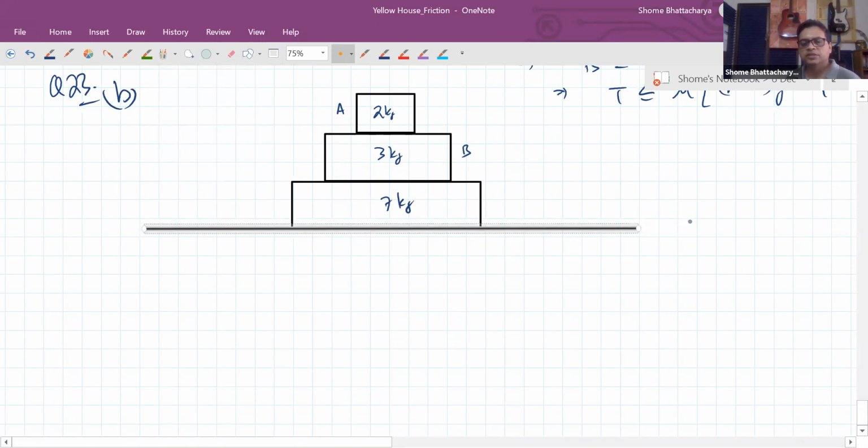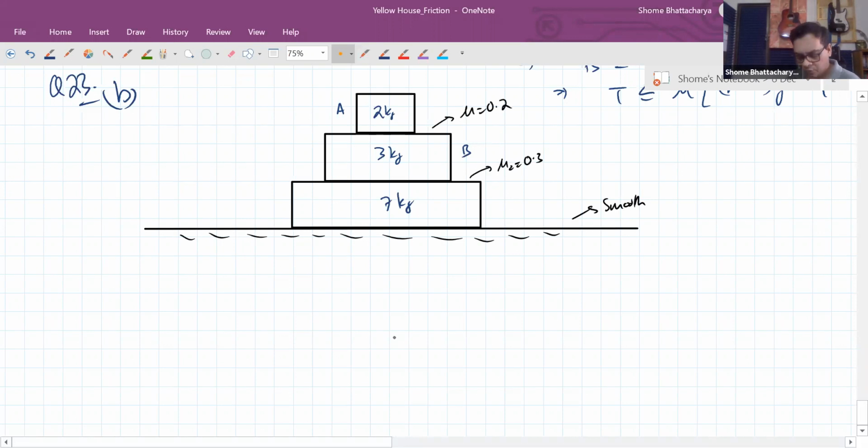The ground is frictionless. This is a smooth surface, but as usual, this has a coefficient of friction 0.3 and this has a coefficient of friction 0.2.